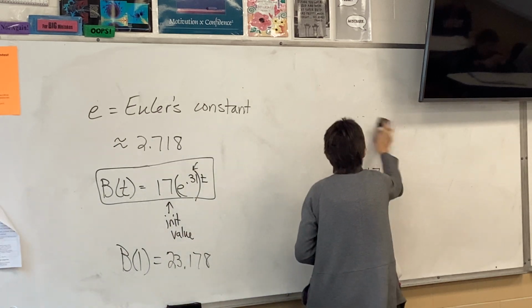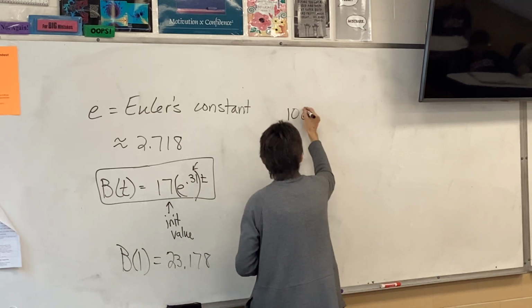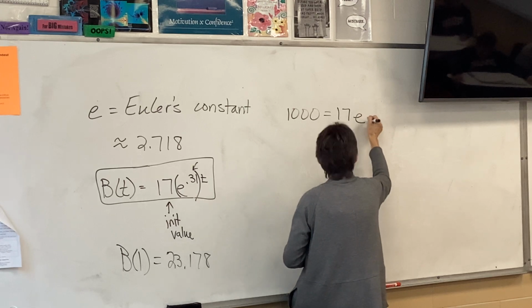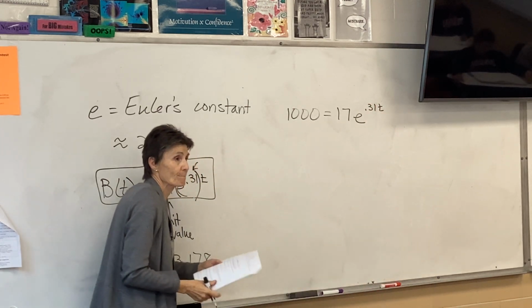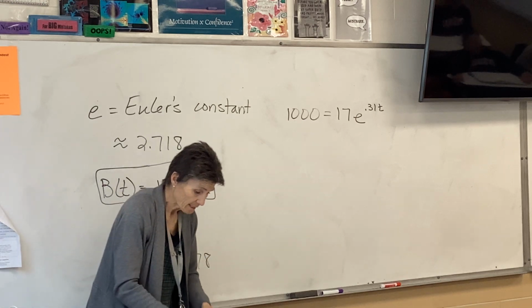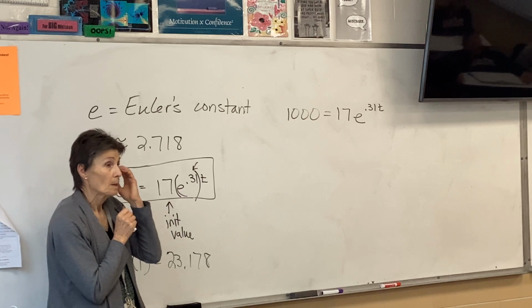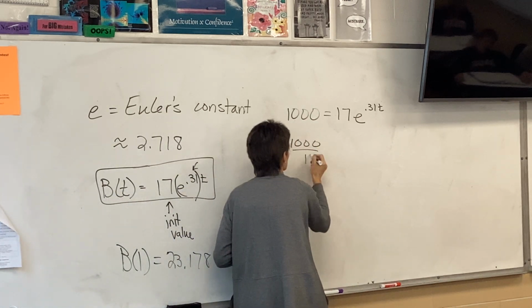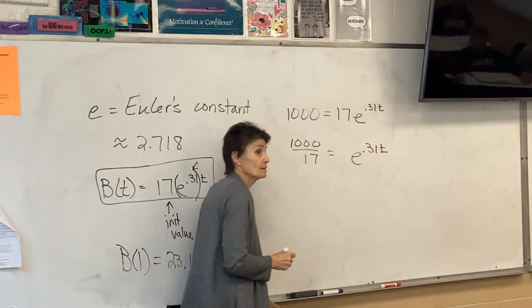I need to have 1,000 equaling 17 e to the 0.31 t. Any thoughts on how we could do this? We could definitely divide by 17.